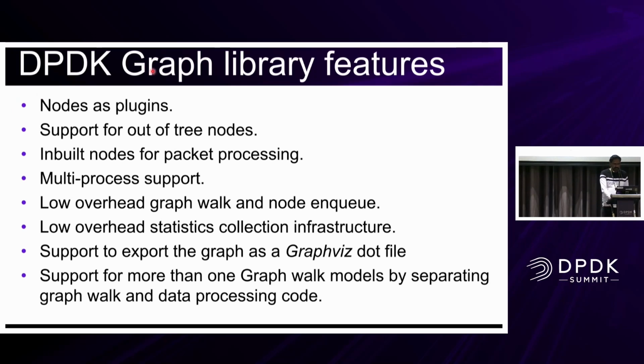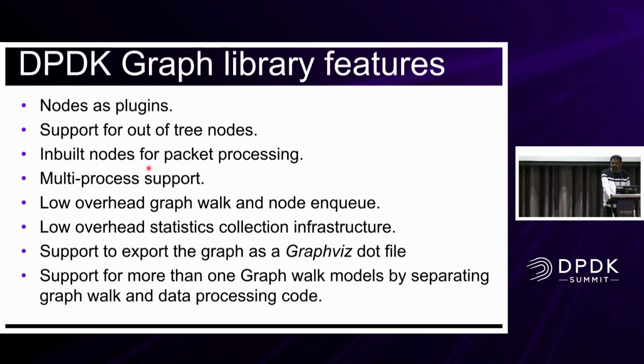The first thing is that a node is exposed as a plugin, with a function pointer scheme, built as a shared object. It also supports out-of-tree nodes. That means the node does not need to be part of DPDK. It can be out of tree.